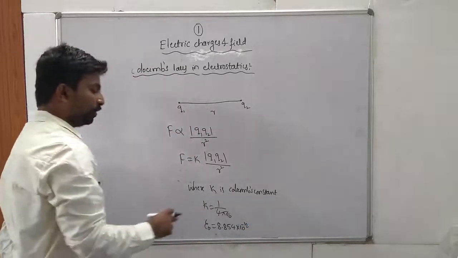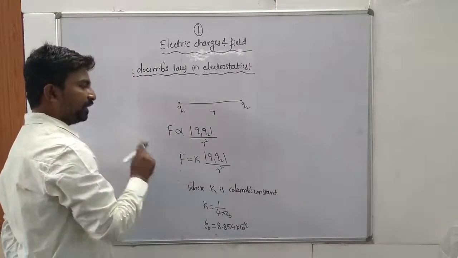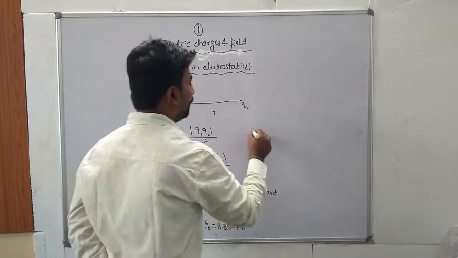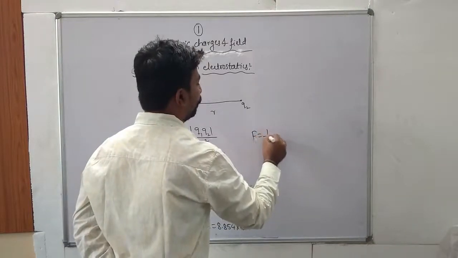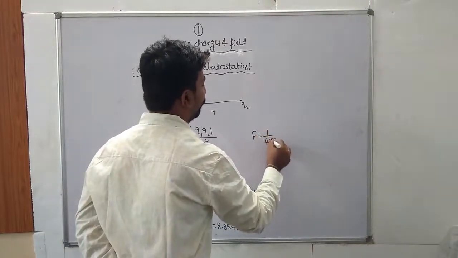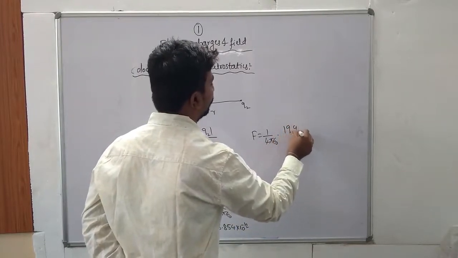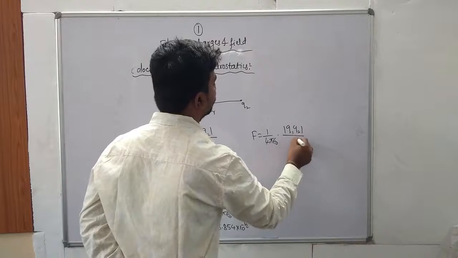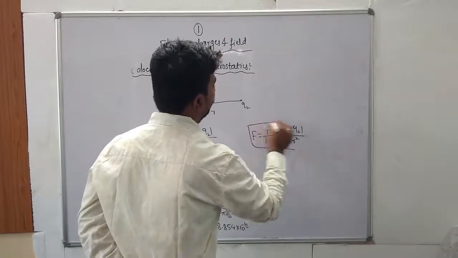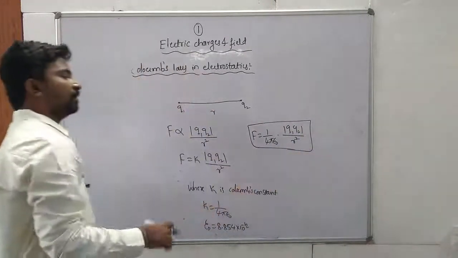So substitute the k value in this equation. Therefore F is equal to 1 divided by 4 pi epsilon naught into magnitude of q1 q2 by r square. So this is Coulomb's law in electrostatics.